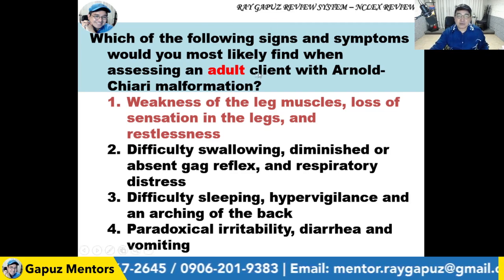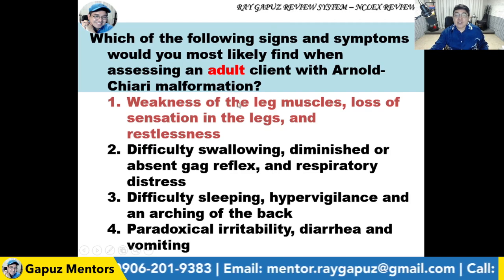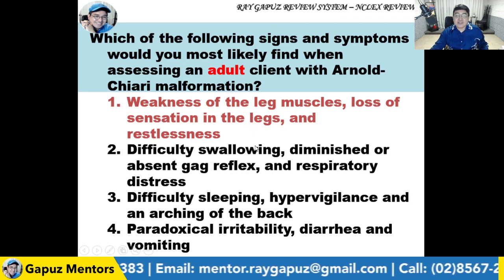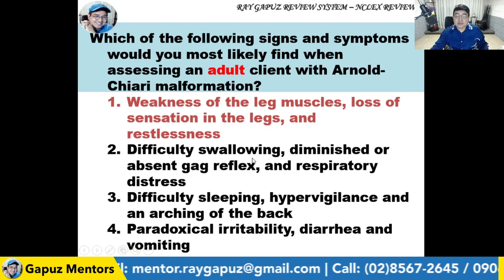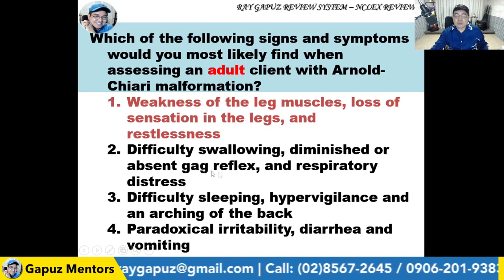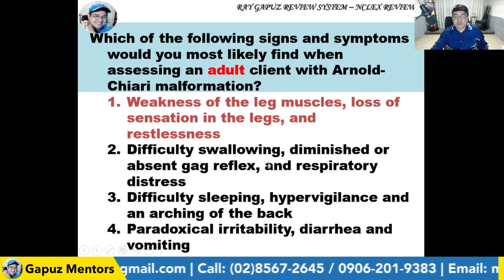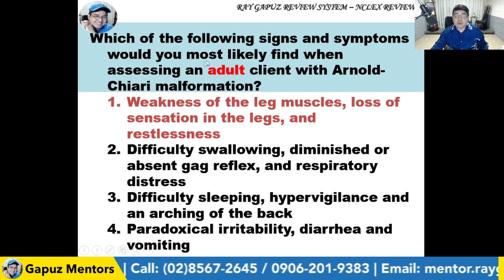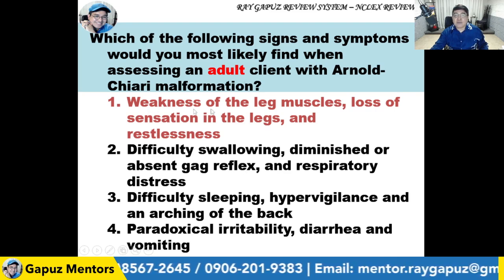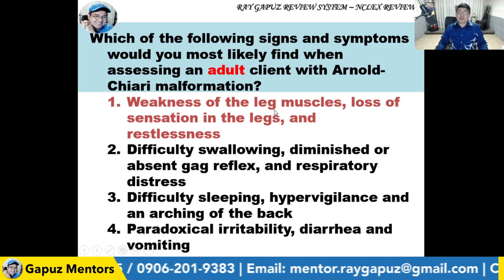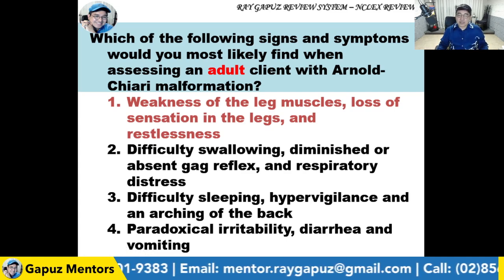That's when you have an adult client. When you have younger clients, that's when swallowing difficulty would manifest. Okay, this would be for children. Now, where the question is asking for adults, then you have weakness of the leg muscles, loss of sensation in the legs, and restlessness.